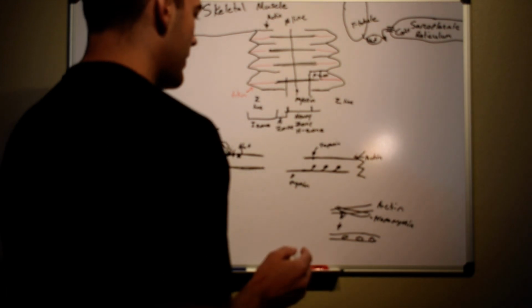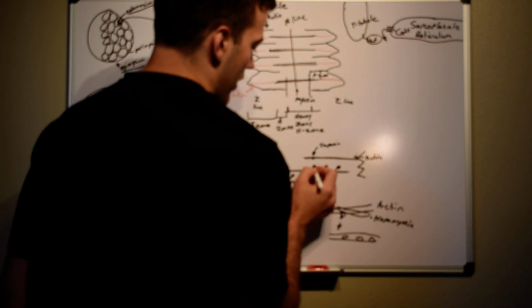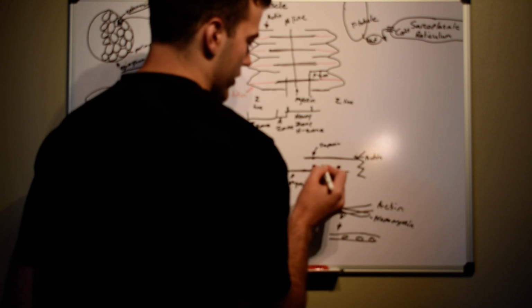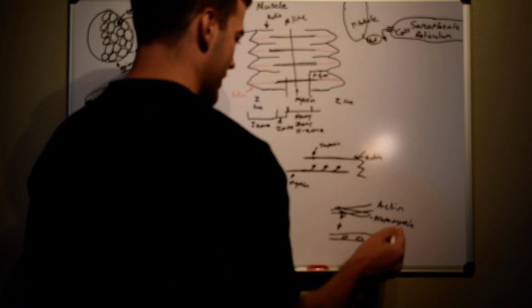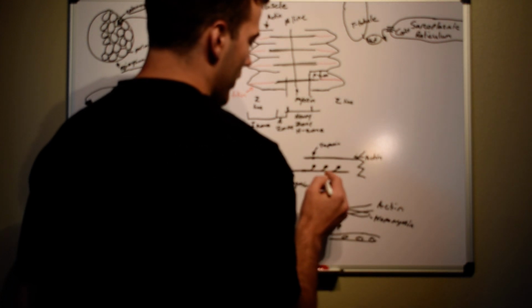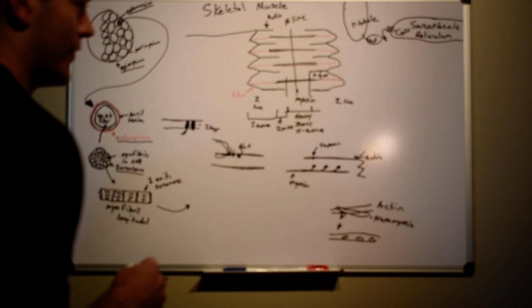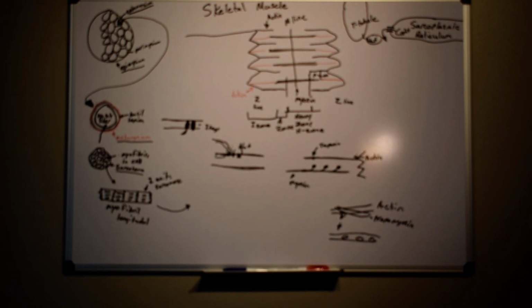These sites can be bound by the myosin heads, which are sitting right here. So when troponin pulls off tropomyosin, you've got these open binding sites, a really good place for the myosin to bind, and it's going to readily bind to those spots on actin.